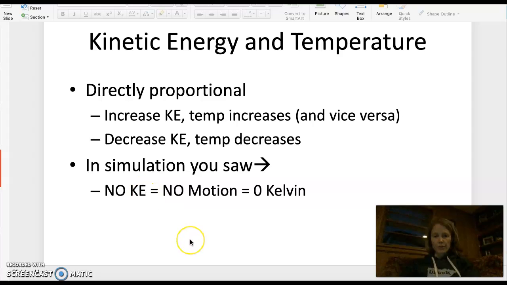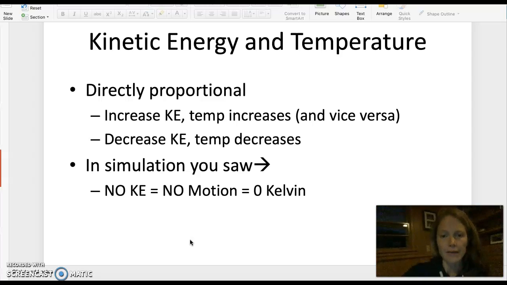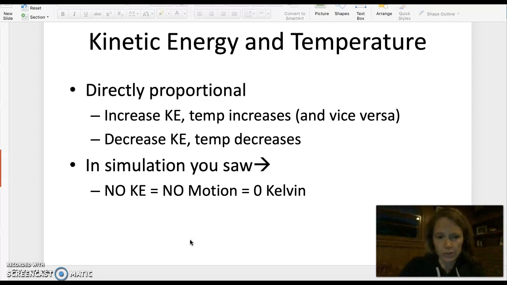So the other thing that you saw in the simulation was about kinetic energy. And so we've also talked a little bit about kinetic energy this year, and just the idea that kinetic energy is that energy of motion. And when we're talking about gases especially, the kinetic energy and the temperature we're going to think of sort of interchangeably. So as the kinetic energy increases, the temperature is going to increase.